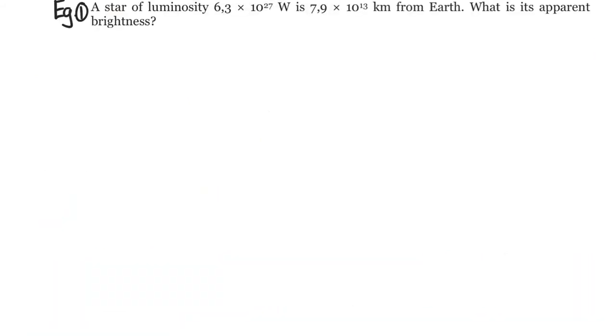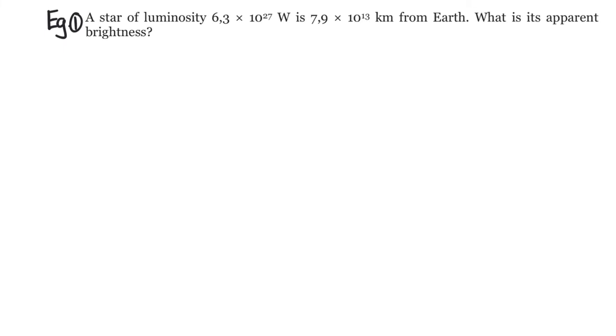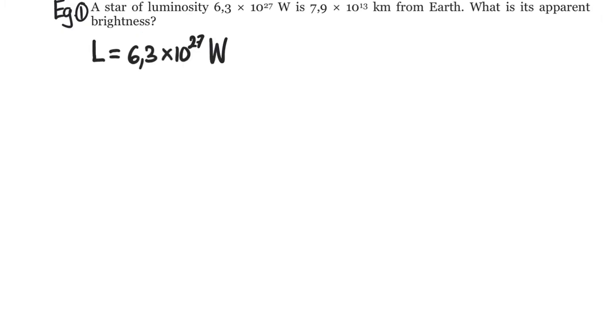So let's consider the first example. A star of luminosity 6,3 times 10 to the 27 watts is 7,9 times 10 to the 13 kilometers from Earth. What is its apparent brightness? So L equals 6,3 times 10 to the 27 watts.